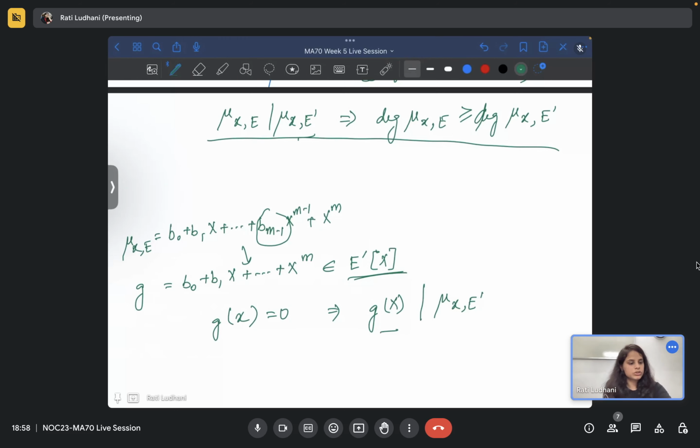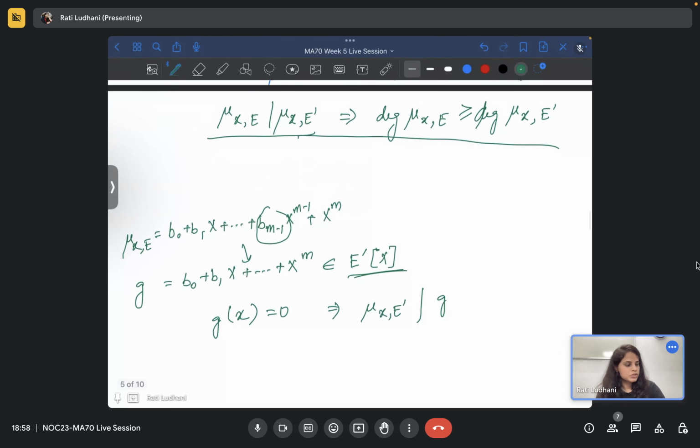So g(x), sorry, other way around, because the minimal polynomial will always have lesser degree than the other polynomial in the kernel. So you have g, okay, so this will divide g. And you know that g has degree exactly equal to mu(x, E).